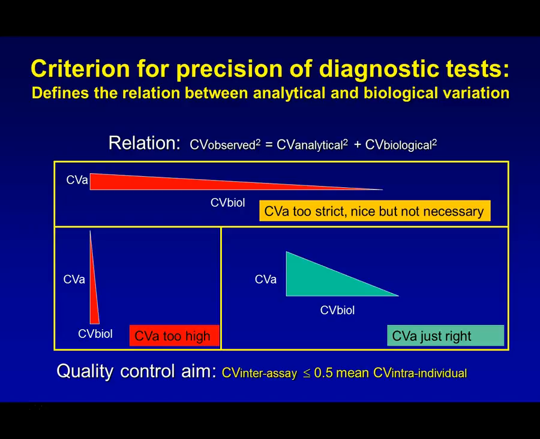And for this the criterion comprises the inter-assay variation, because most times if you want to detect a change within a subject, within a patient for example, we need the intra-individual variation because it deals with a change within a subject, but this change is measured on two separate occasions, not within one assay. So that means that we need to be very strict on the inter-assay variation coefficient.